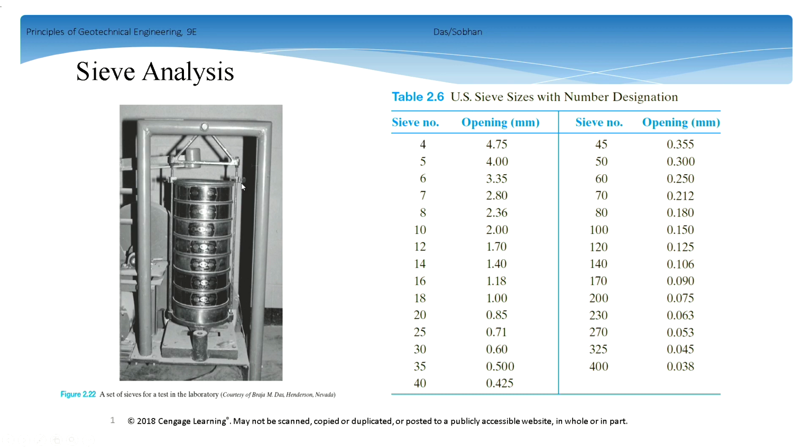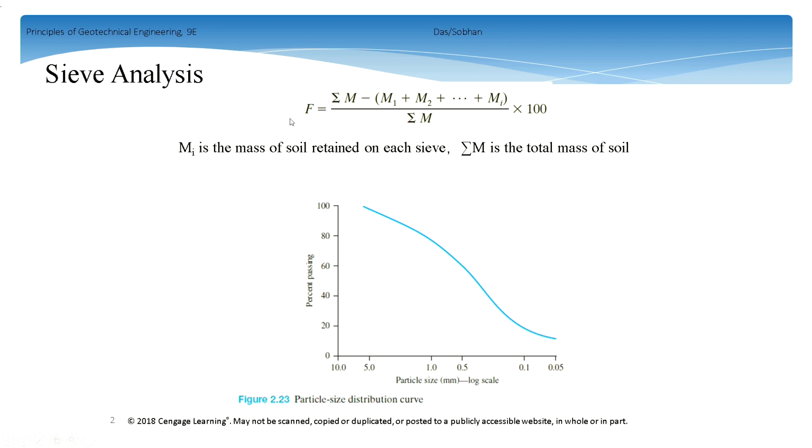After sieve analysis, as long as we have the mass on each different sieve, then with this equation we can calculate the accumulated percentage of particles, right? M is the mass of soil retained on each sieve, and sigma M is the total mass of soil.